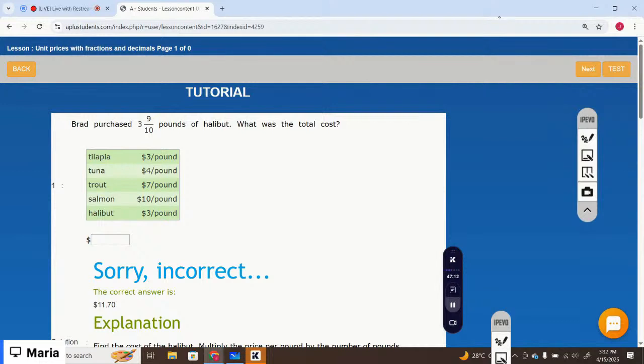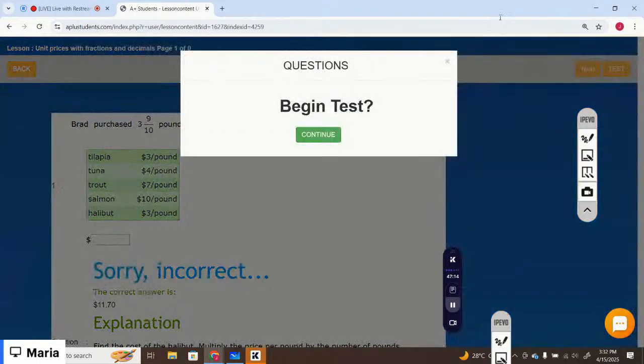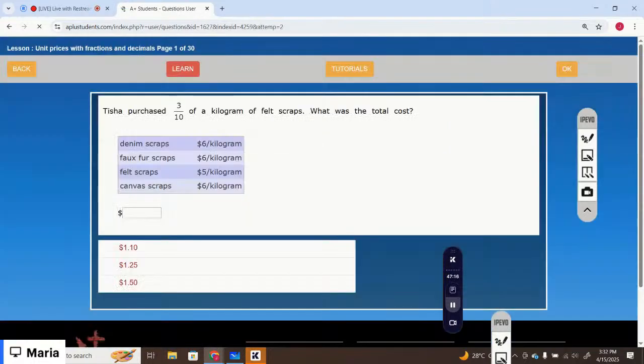Let's just start with the test question so that we can do more questions. Tisha purchased 3/10 of a kilogram of felt scrap. What was the total cost?